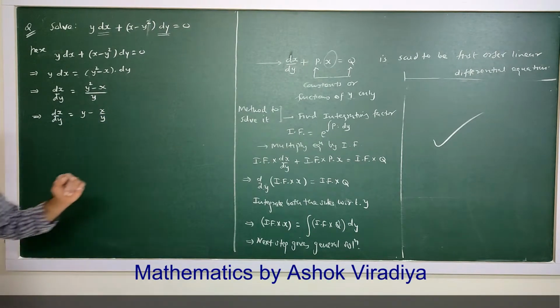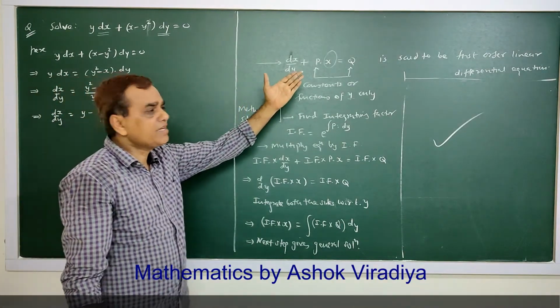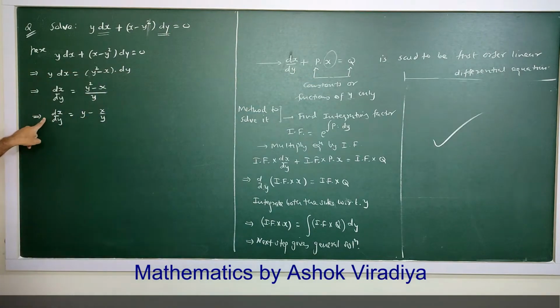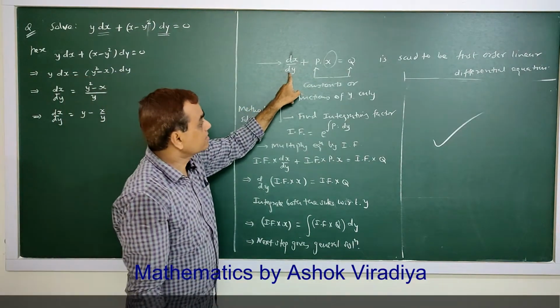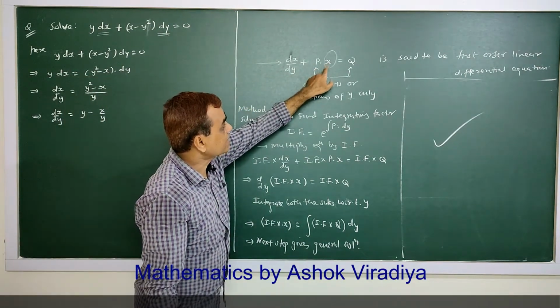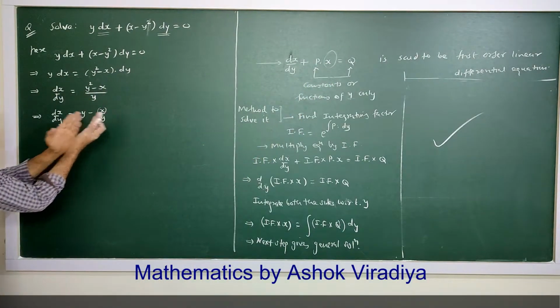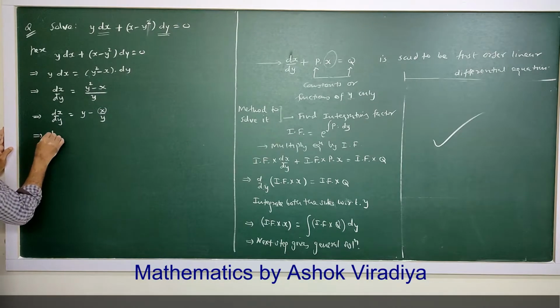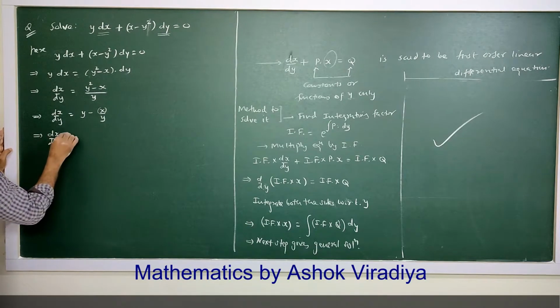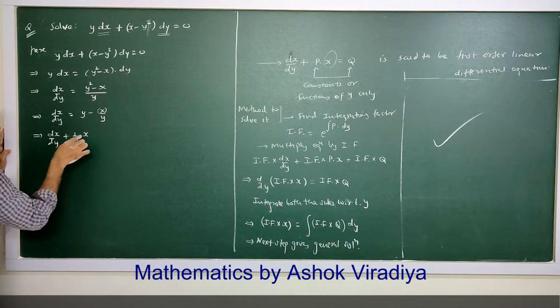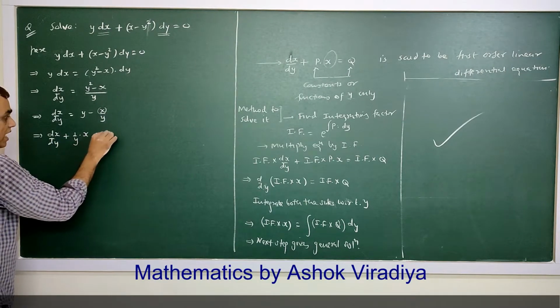Now see, we arrange in this form dx by dy, then next we need the term with x. So here x is only, so shift this term to the left side. So dx by dy plus 1 upon y into x, that is x by y, equals y.